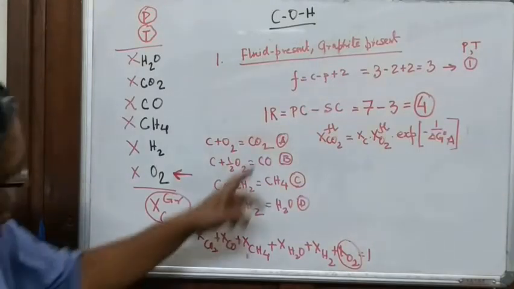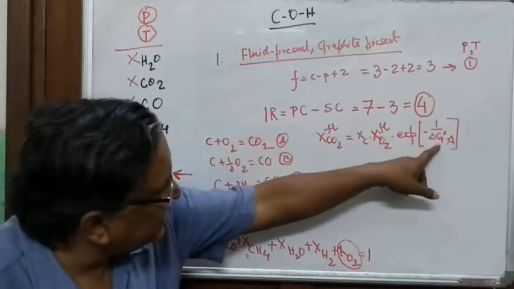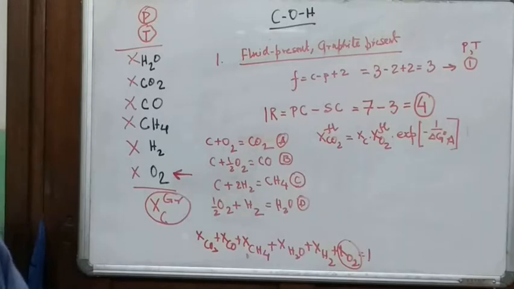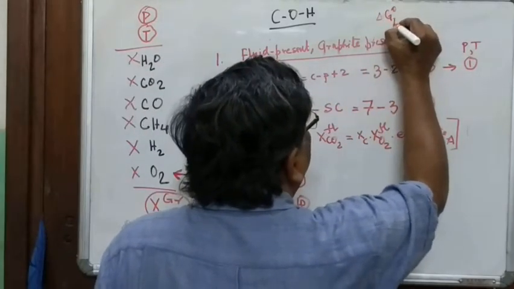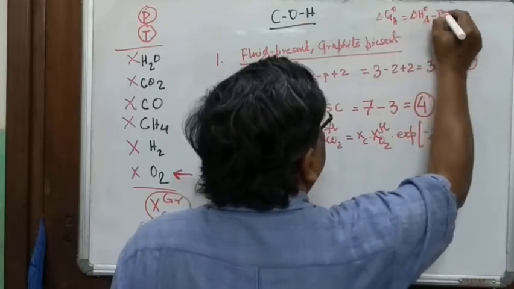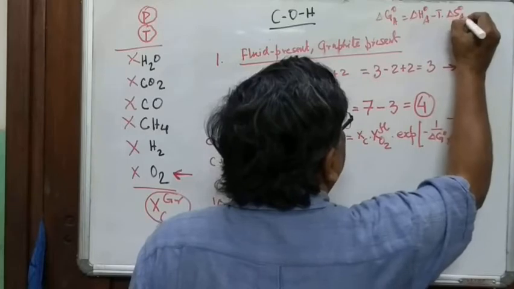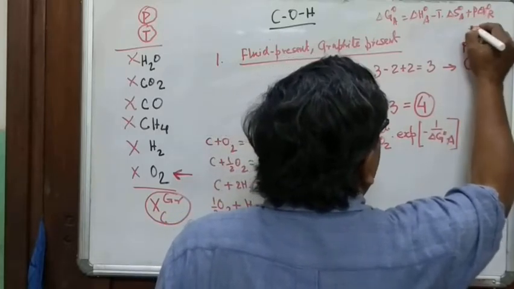Important point here. How did I do? Again, I don't want to write it. It's the same. What is del G0? I will just tell you once so that you may have forgotten. Del G0A is equal to del H0A minus T del S0A plus P del V0A, and then plus RT.